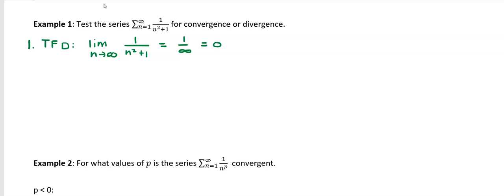Now, remembering back to the test for divergence, if it equals 0, this tells us nothing. And so that means we need to go to another test. So the test for divergence wasn't exactly fruitful. Another idea that we mentioned in prior lessons is determining whether we have a geometric series, which in this case does not look geometric.